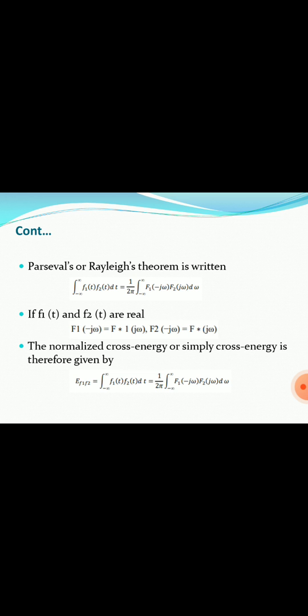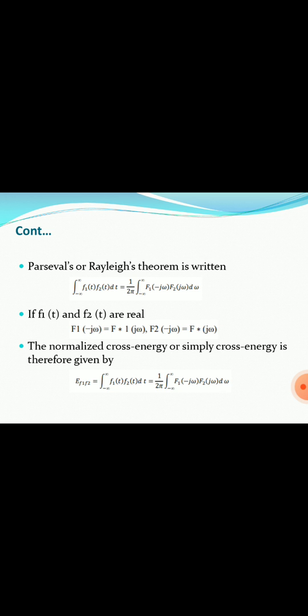By Parseval's theorem, we can write integral from minus infinity to infinity of f1(t) f2(t) dt equal to 1 by 2 pi integral from minus infinity to infinity of F1(minus j omega) F2(j omega) d omega. Here f1(t) and f2(t) are real valued, which means F1(minus j omega) equals F1(j omega) conjugate, and likewise for F2.